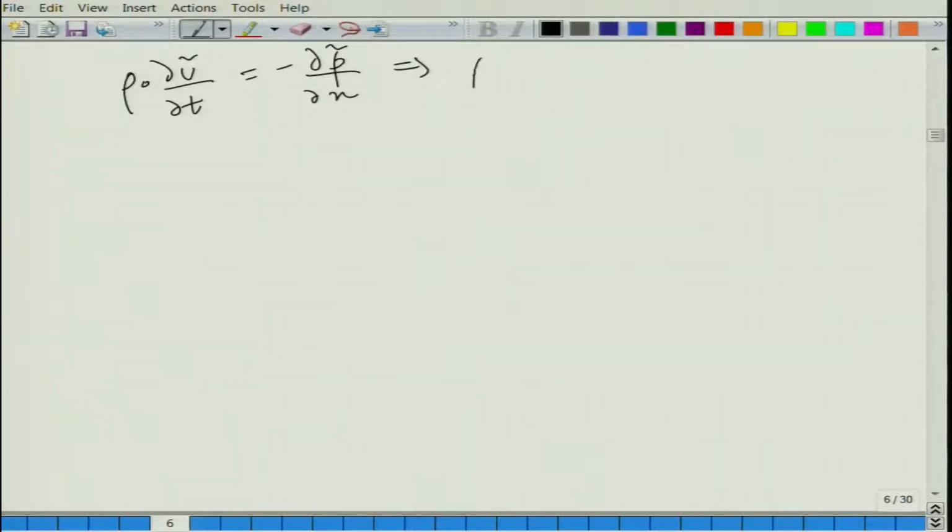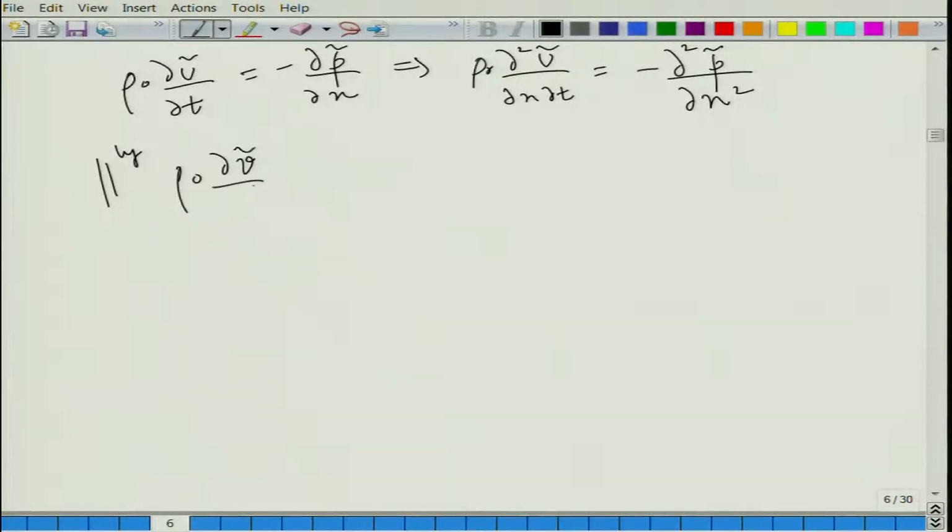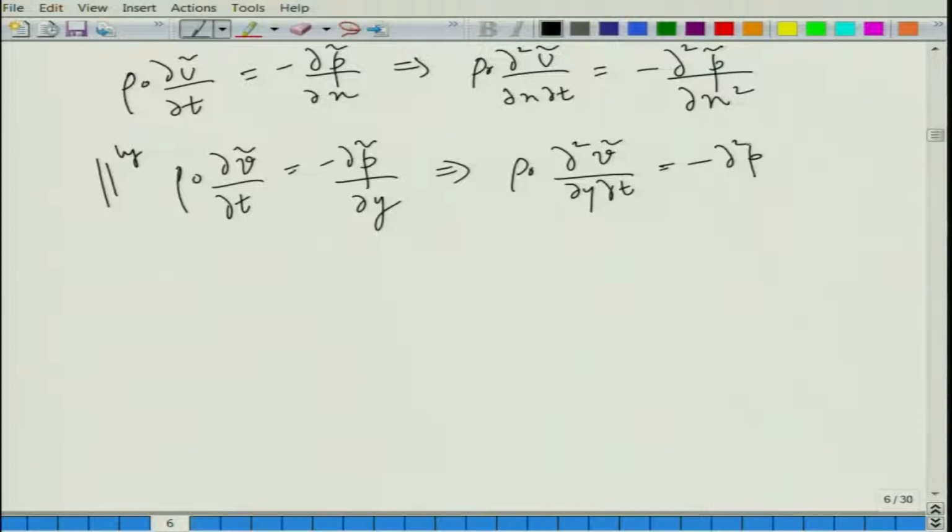So, we get this. Similarly, and finally, rho naught into this thing is your.